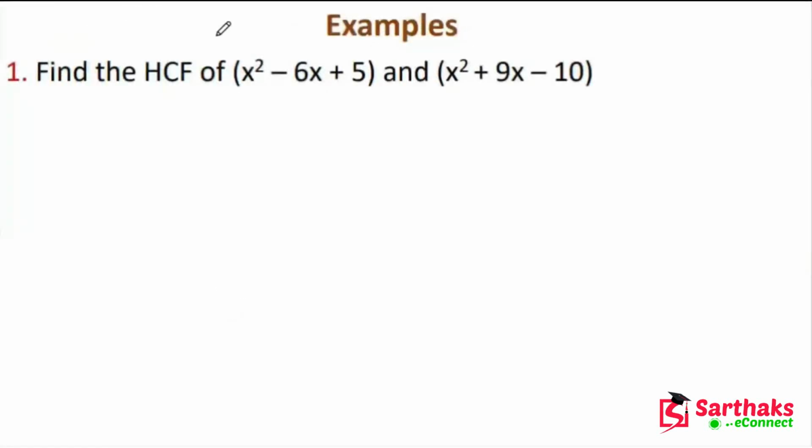Yes, so we have the polynomials x square minus 6x plus 5 and x square plus 9x minus 10. So first of all, what will we have to do? We have to find the factors of these polynomials. So the factors of x square minus 6x plus 5 are, you can find them by the splitting method.